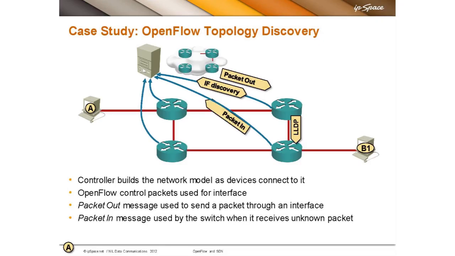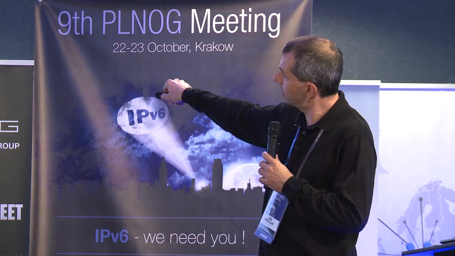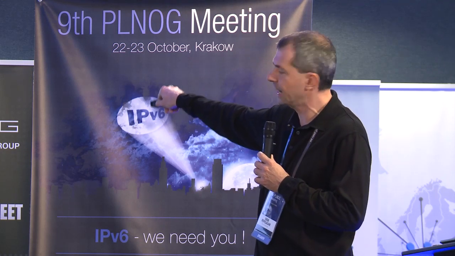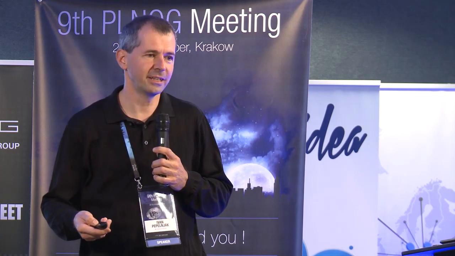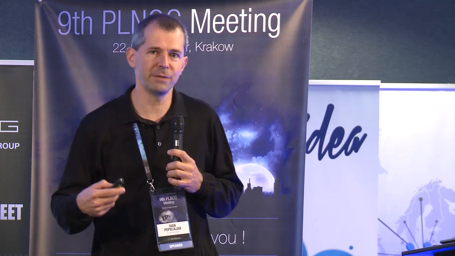So it would send the LLDP packet, because it knows nothing about LLDP, back to the controller through a packet in message. So this is how the controller can build the topology. Okay, now I know that these two switches are connected. Does anyone see a problem here? No. This works really great if you want to implement something like BFD, where you want to detect link failure in 2 milliseconds, and this is smaller than the latency to the controller and back.